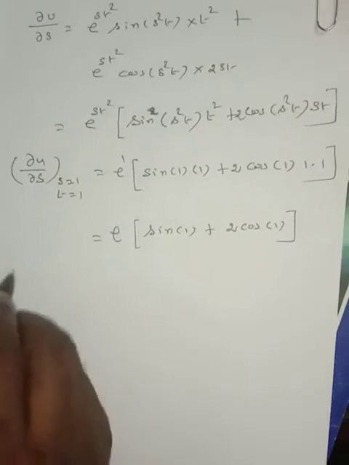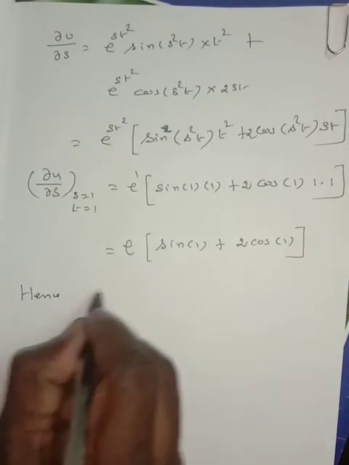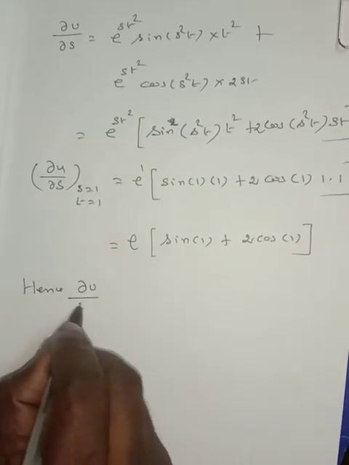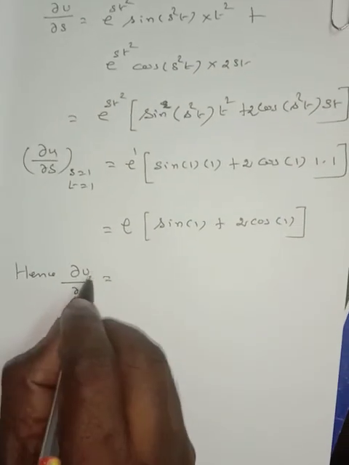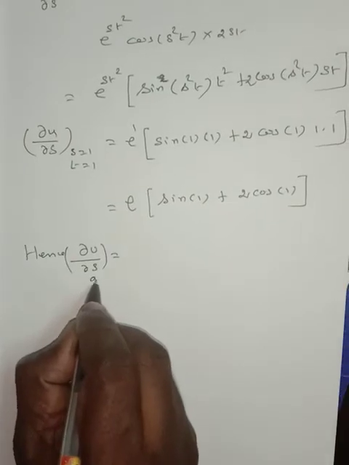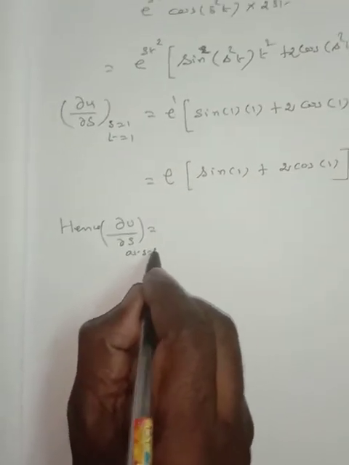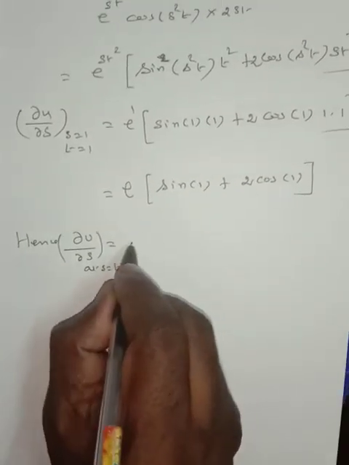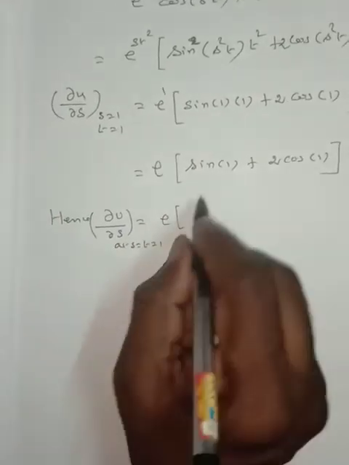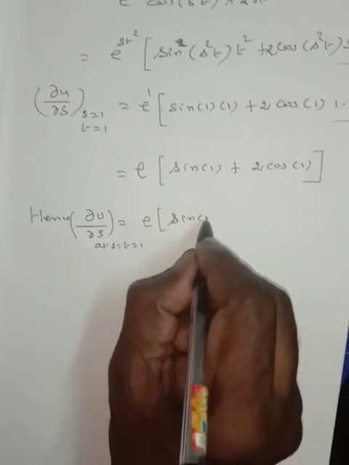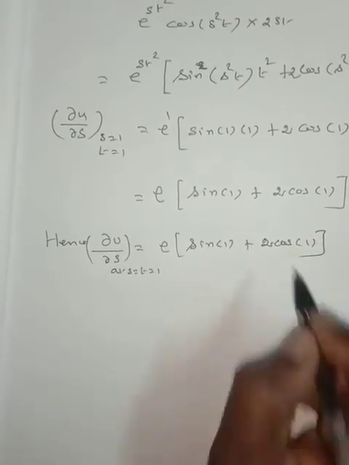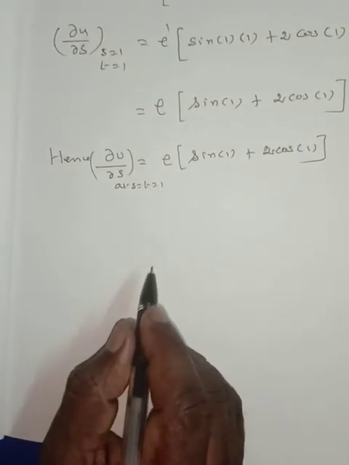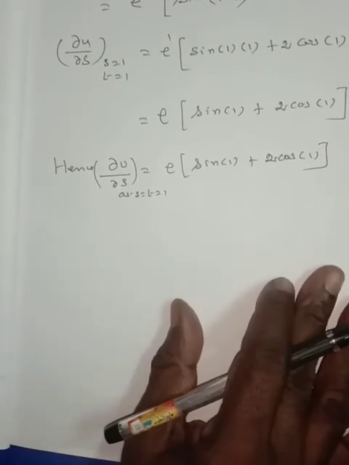Hence dou u by dou s at s is equal to 1, t is equal to 1 is e of sin 1 plus 2 cos 1.